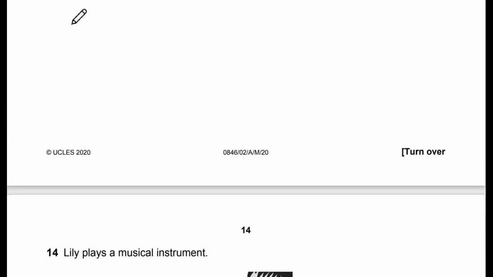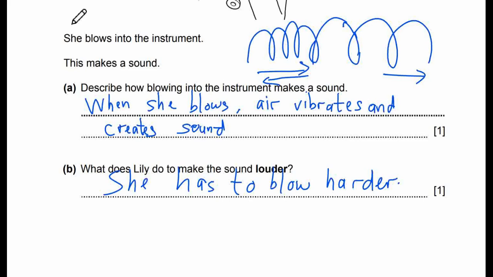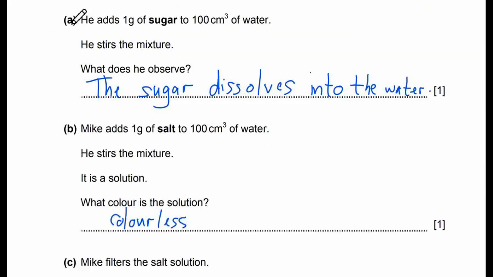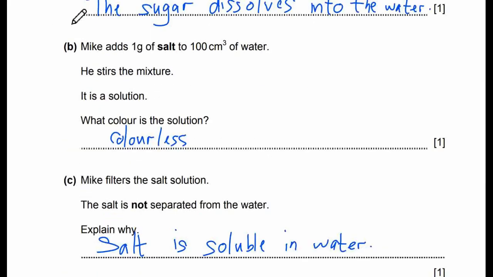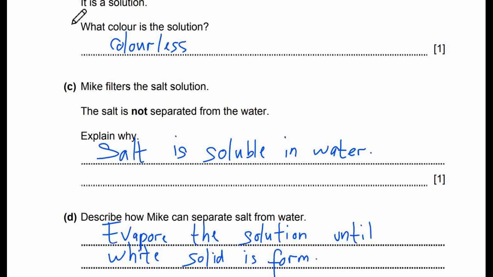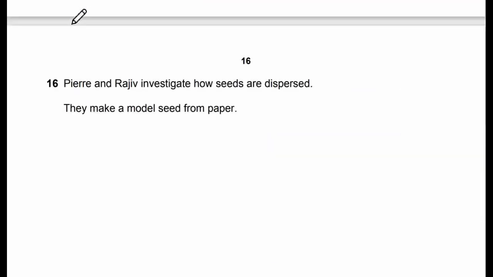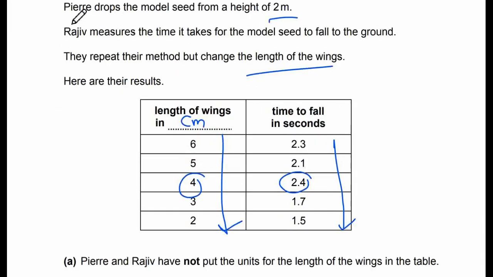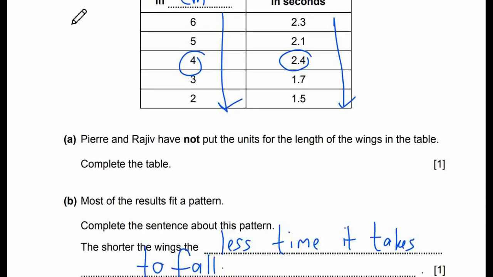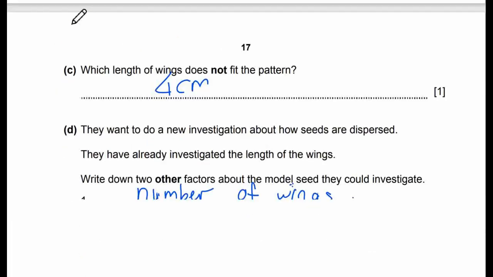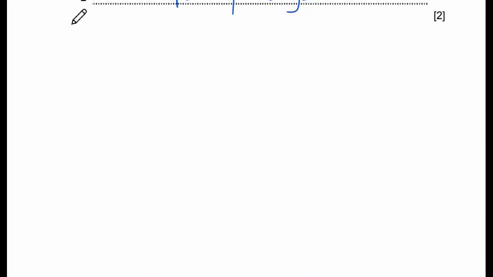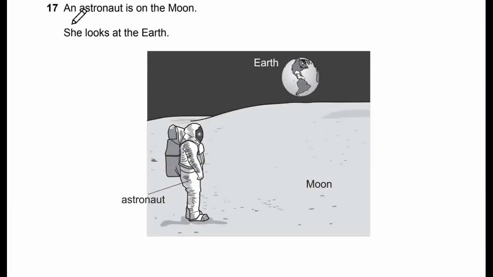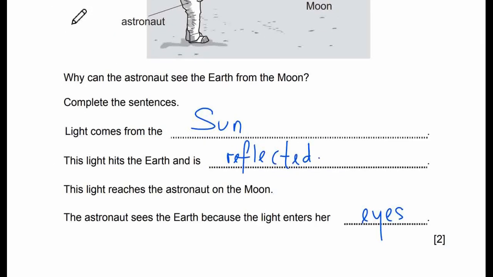This is number 14A and B. This is number 15A and B, 15C, and 15D. And this is number 16. 16 table, 16A, 16B. And this is 16C and D. And this is number 17. And then that's it.